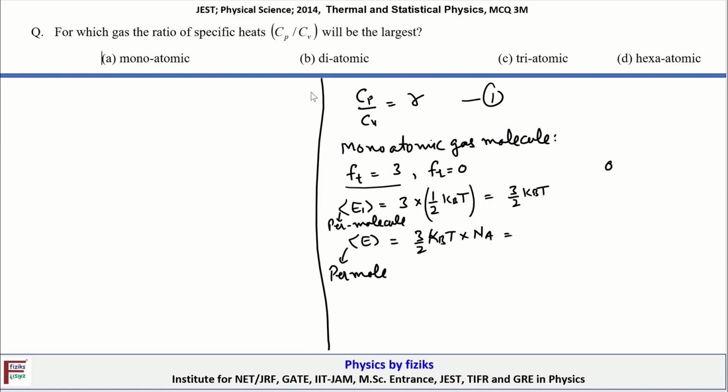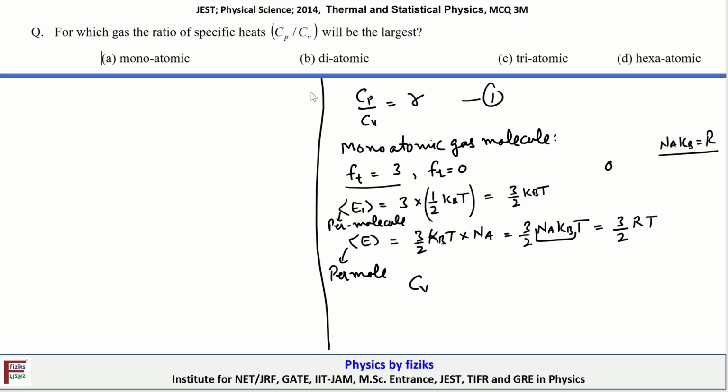When you multiply Na and kB, the result that we obtain is the gas constant R. So the average energy per mole of monoatomic gas is equal to 3/2 RT.